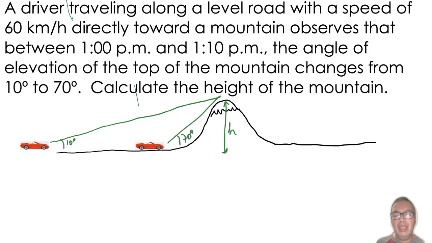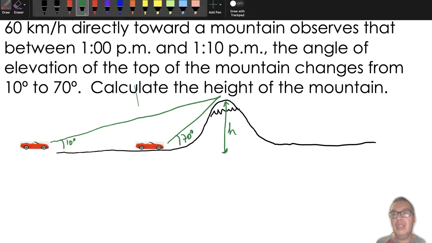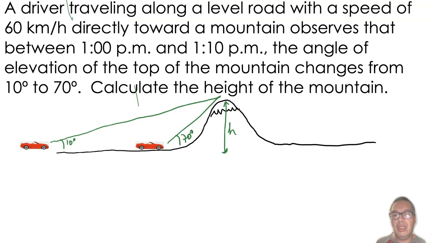So basically, the idea is you have to first consider that there are two distances here that you don't know. You have the distance from the car to the base of the mountain, right behind the midpoint, that we don't know. We can call it x. And then you have this other distance, which is the distance between the original position of the car and the final position of the car.